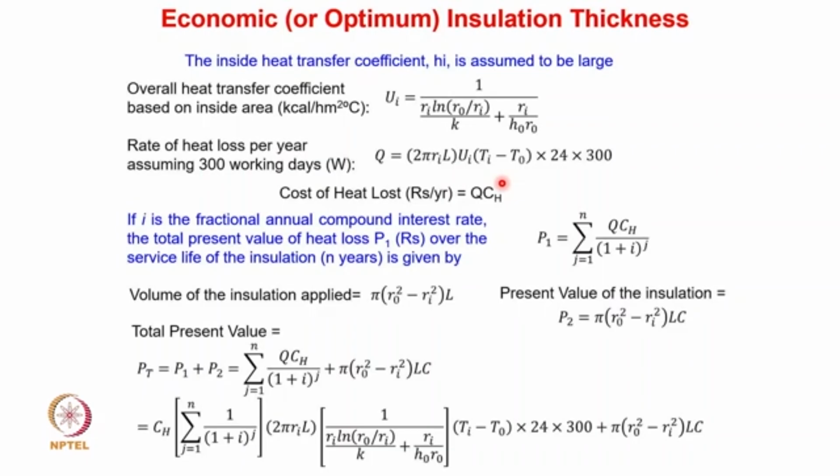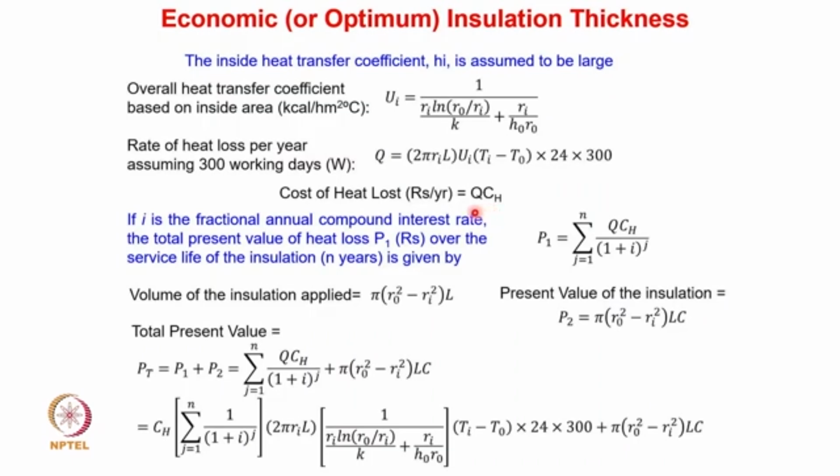If we assume 300 working days and 24 hours, that becomes UA delta T into 24 into 300, which gives the heat loss per year. So the cost of the heat loss will be given by Q CH. If we multiply Q by the cost factor, we get the cost of the heat loss in rupees per year.